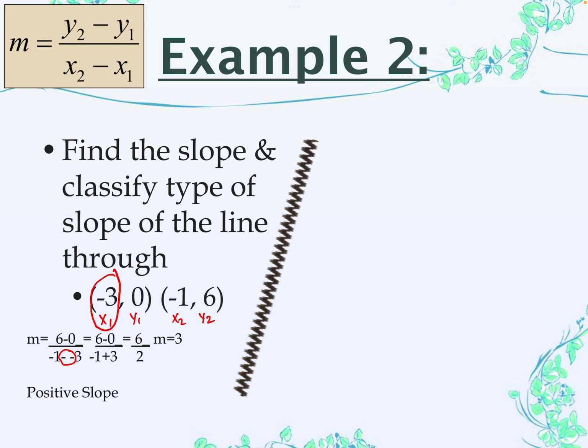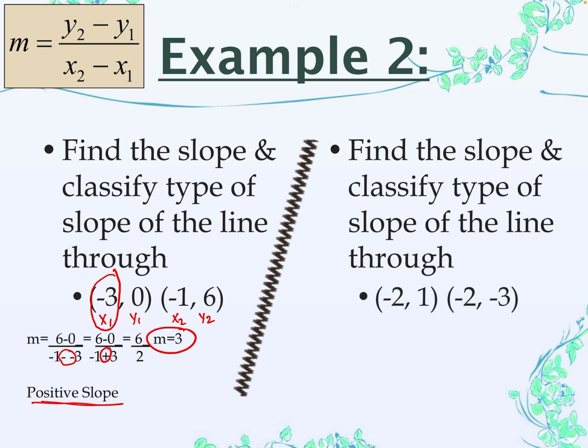But because the x1 term is negative, when we subtract a negative, what happens? It becomes a positive. So we get 6 minus 0 is 6 on the top. -1 plus 3 is 2 in the denominator. 6 divided by 2 is 3. So what type of slope do we have? A positive slope, because the solution, our slope is 3, is a positive number.